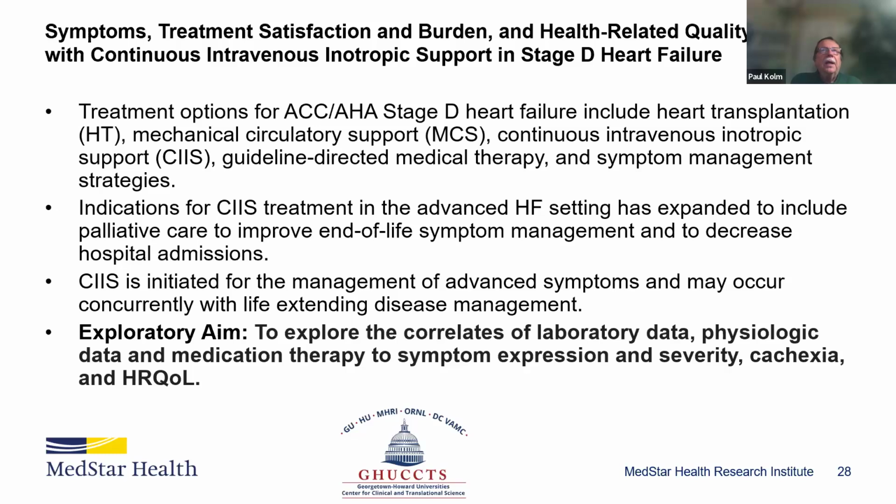Okay, so I want to do one more, not in the kind of detail I did for the teacher well-being, but this is looking at stage D heart failure, and we want to look at primarily the quality of life and different variables that may affect that. And there's two different options: mechanical circulatory support and intravenous inotropic support, CIIS.